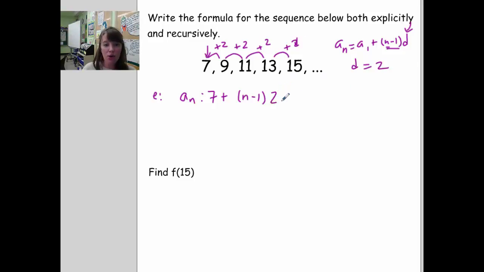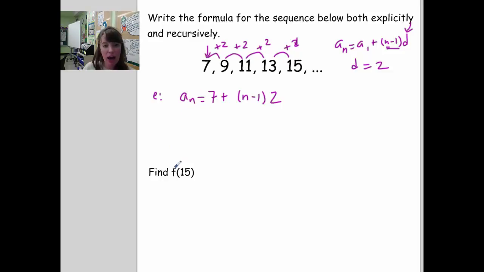All right. So let's look at this formula. This is saying for any term that you want, and this actually should be an equal sign, for any term a sub n, you want to take 7 and add to it 2's. But you want to multiply 2 by however many terms came before n. So we're going to do an example here.